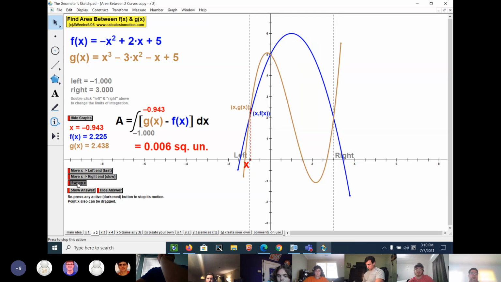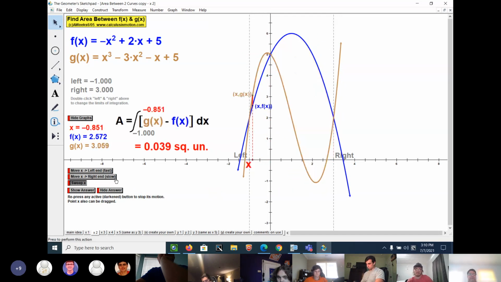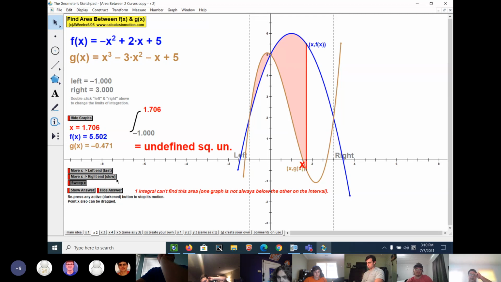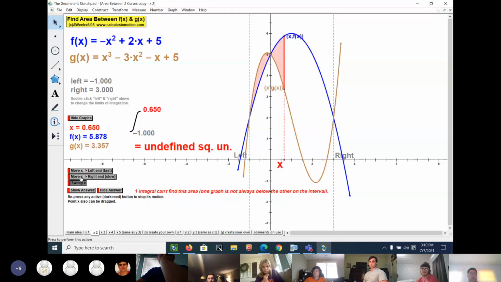There it goes. Right here. Why is it doing undefined? It's not undefined. I don't know why it's doing that. Could you do it separately, do the first part and then add it to the second little part? Do you think that would work?